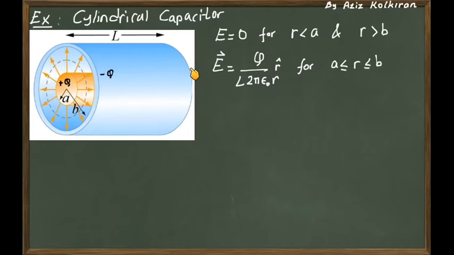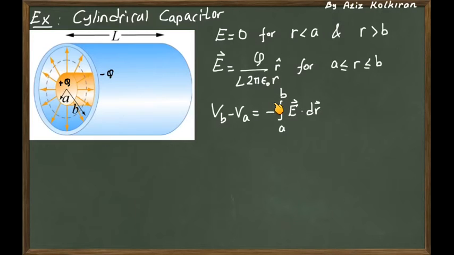In our configuration, the linear charge density is given by the total charge divided by the length of these cylinders. So this is the expression for the electric field, and it is radially outward, for radii between a and b.